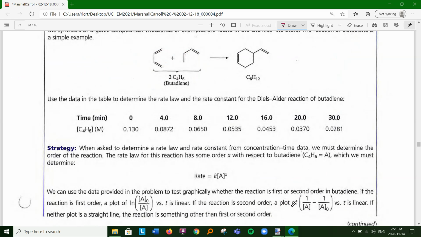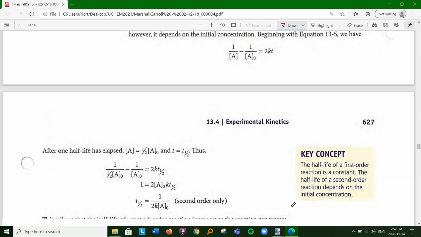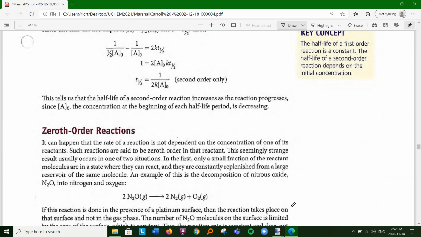Okay, I'm not going to worry about making the plots here. Again, some of this will do with the experiments. Okay, and there's my half-life, second order. Again, I don't put the 2 in there, just 1 over K A naught. So let's say K was 0.2.